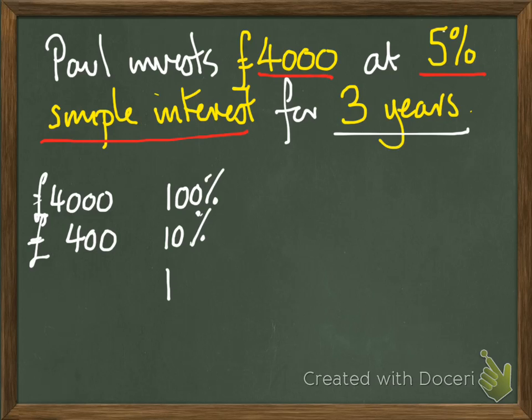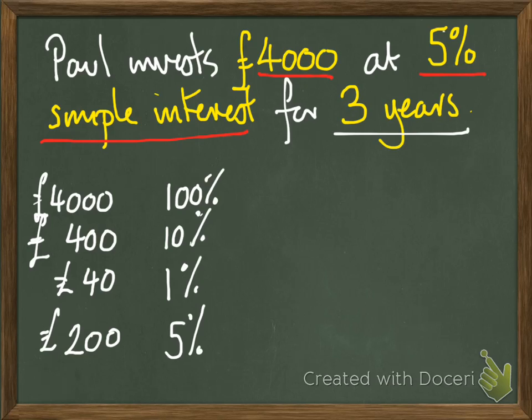I could even work out what 1% is, because that would be dividing 10 by 10, so I divide 400 by 10 and end up with £40. I could even find out what 5% is, because to get from 10% to 5%, I divide by 2. So I divide 400 by 2 and get £200. Now you don't need to do all of these, because actually we found out what we wanted, which was the 5%, and that's what we were asked in the question.